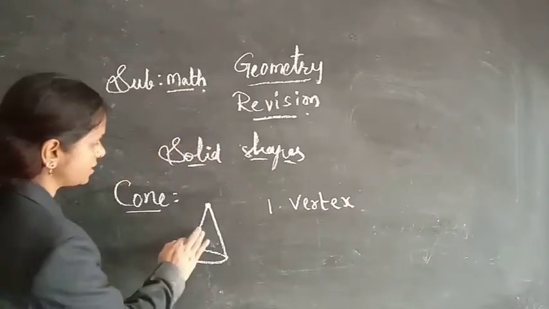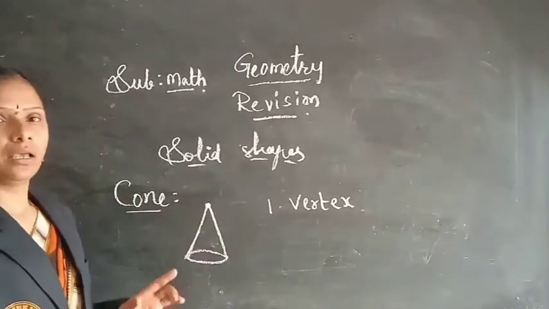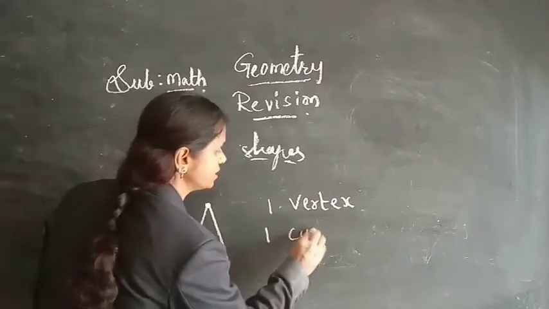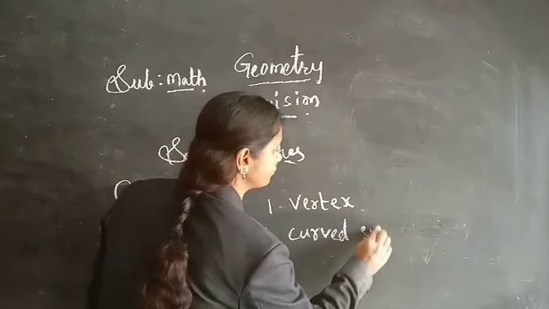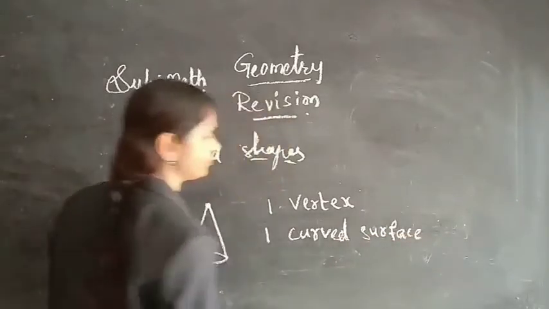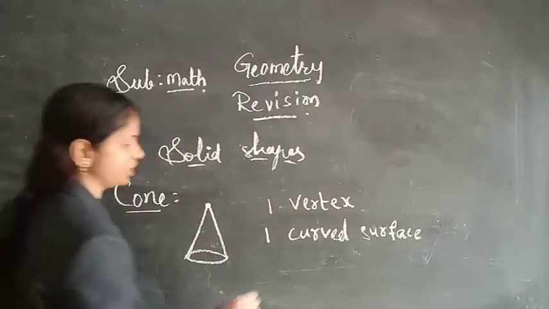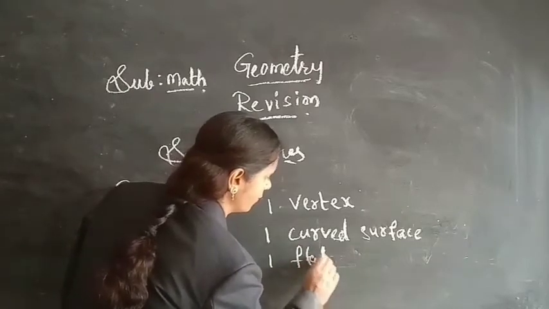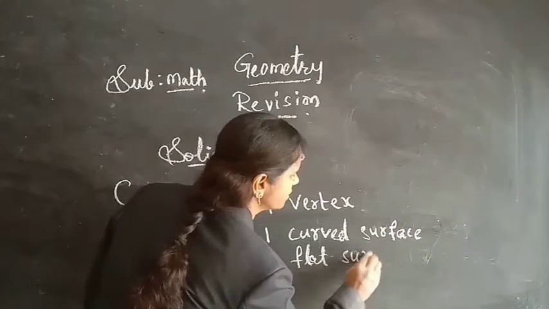And the surrounding surface you can see is a curved surface. So one curved surface, and down in the circular shape, children, you can see a flat shape. So one flat surface.